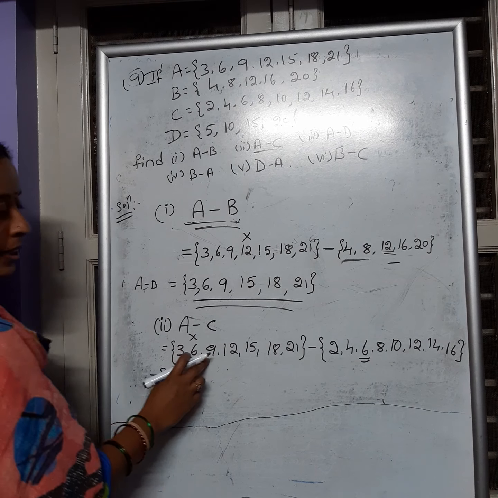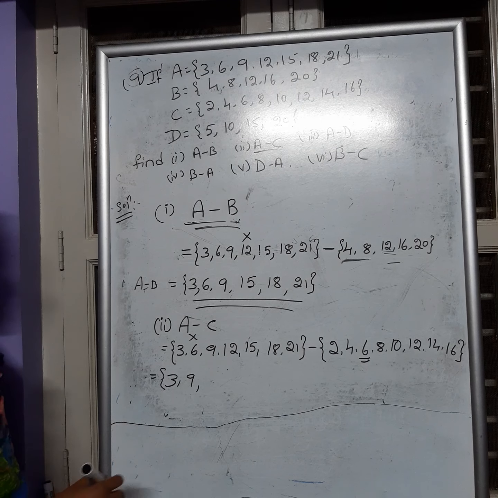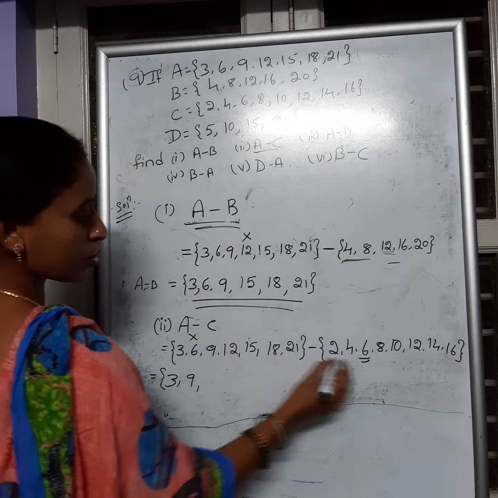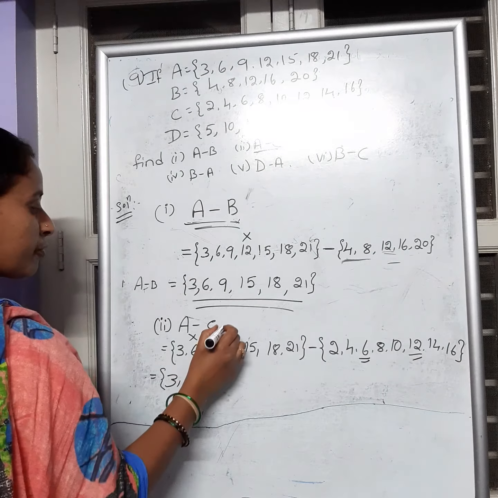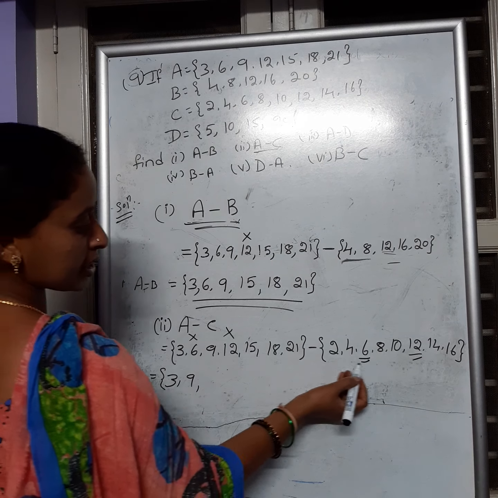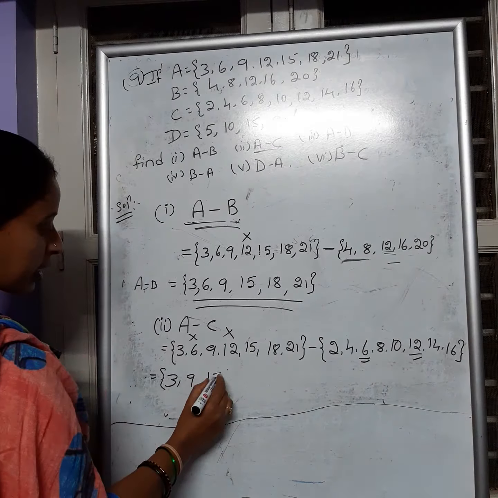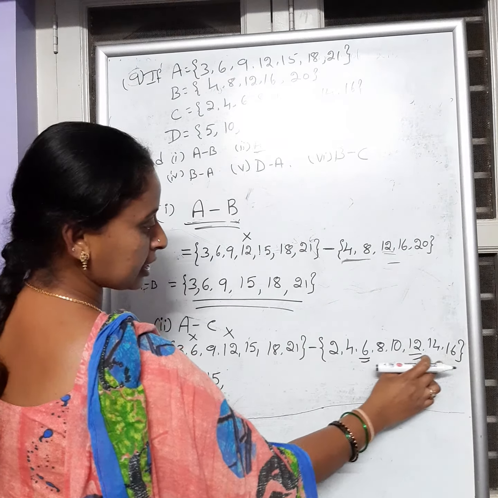Next 9. 9 is not present in this set. So we consider 9. Next 12. Yes, of course 12 is present in this set. So if it is present in this set, we remove that. Next element 15. Is 15 there in this set? No. Then consider that. 18 is also not present in this set.